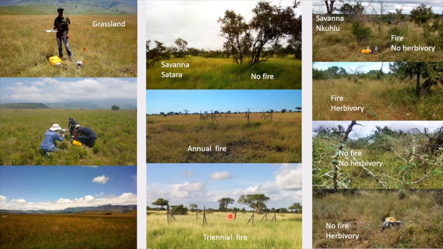So inside there you get soils that have been exposed to herbivores, soils plus vegetation. And then in the grassland, this is within the fire trial, and this is outside the fire break, and that's in the fire break.